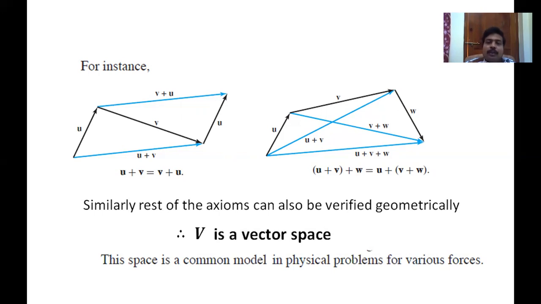So the theorems which we are going to prove, or the theory which we are going to construct on this platform, is also applicable to the set V with the vectors of all such forces.